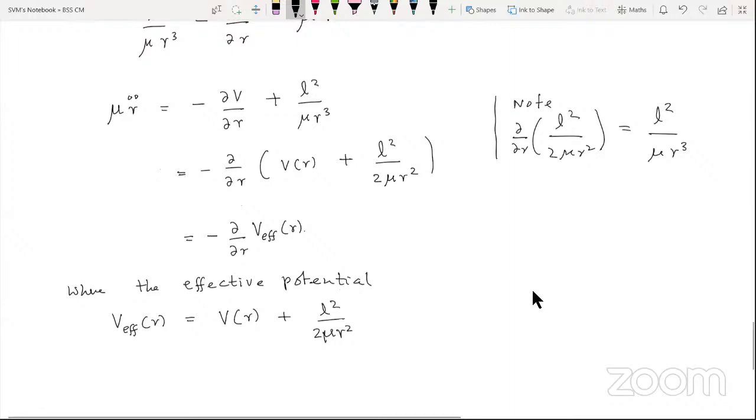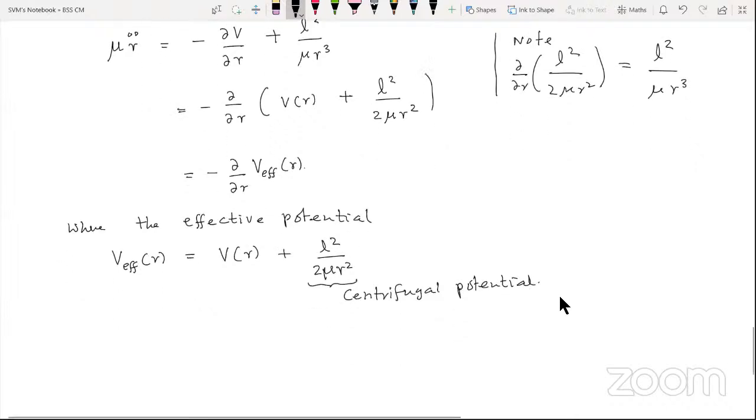And this term is called the centrifugal potential. So the effective potential is the given potential plus L square by twice mu R square.